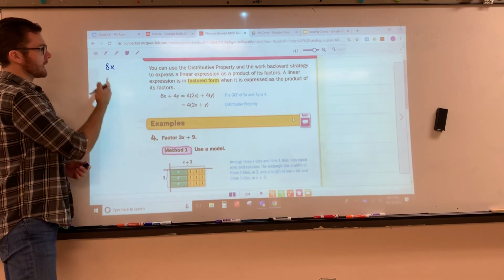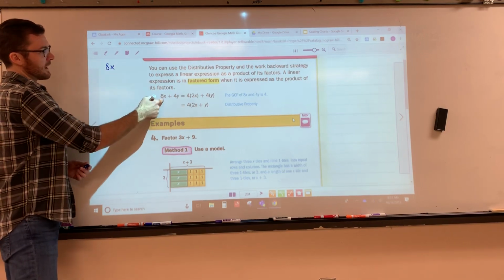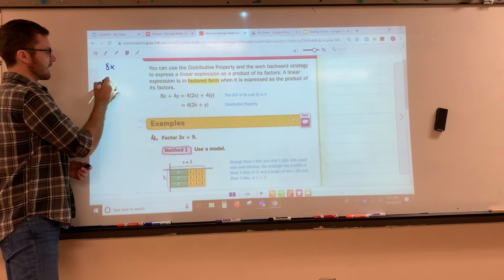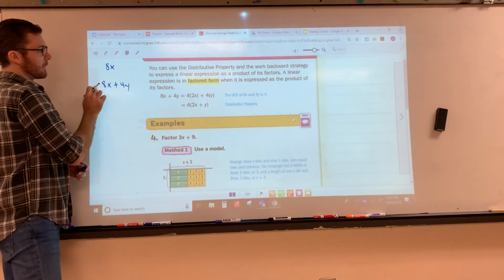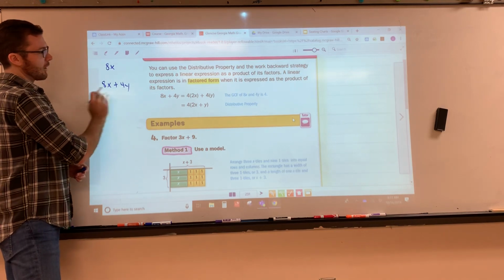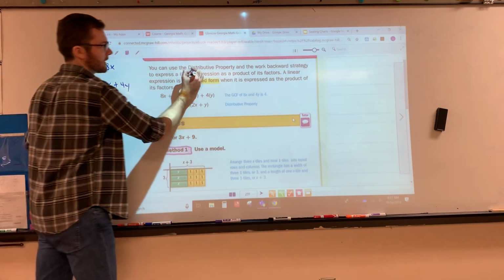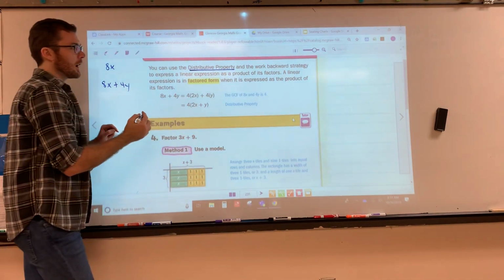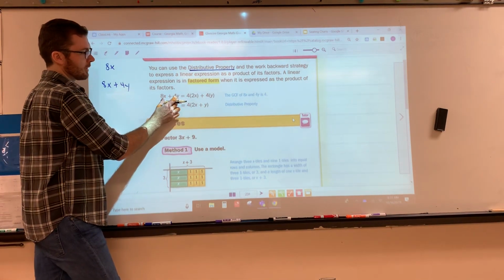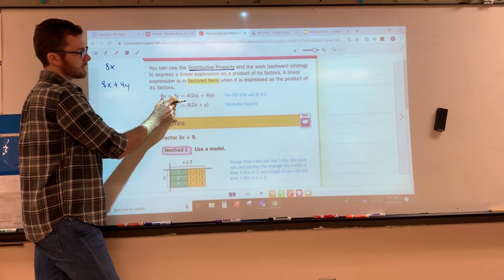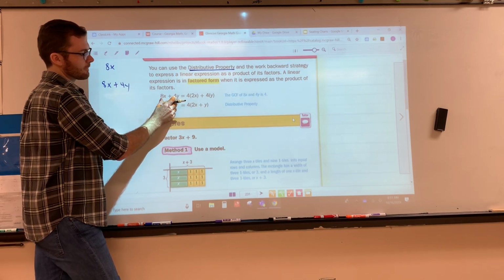But now we're going to practice things that look like this: 8x plus 4y. Okay? This is a binomial. So this is how we're going to use distributive property to rewrite binomials in a way that shows a factor that they have in common.